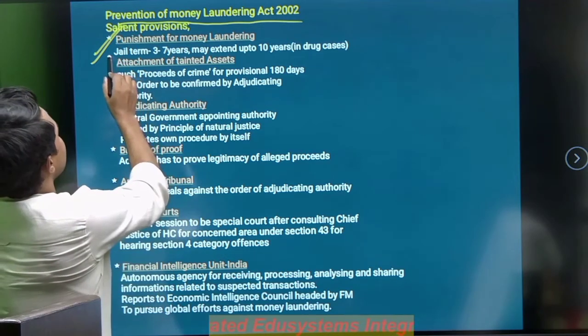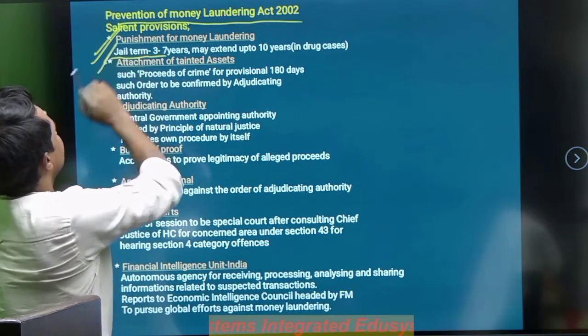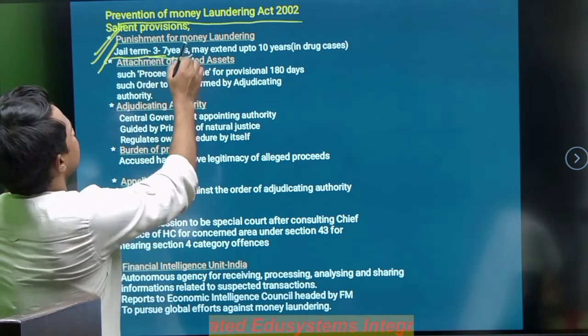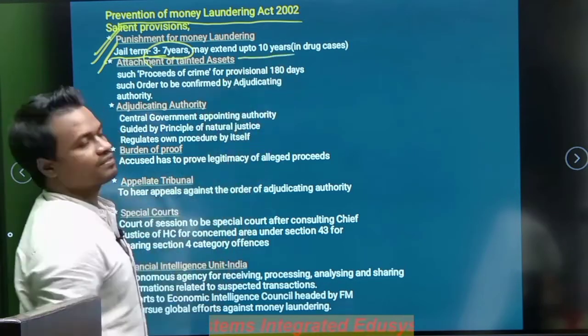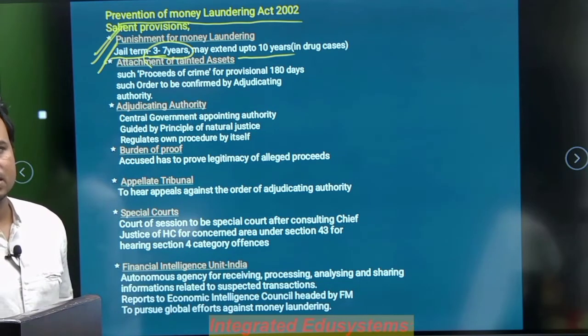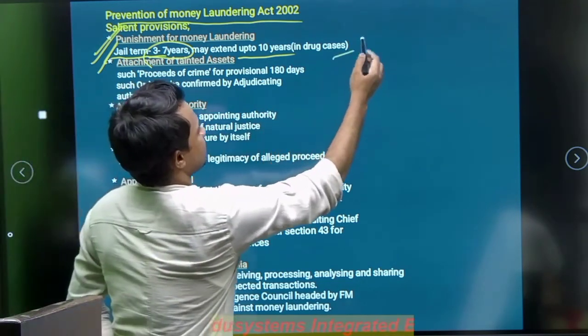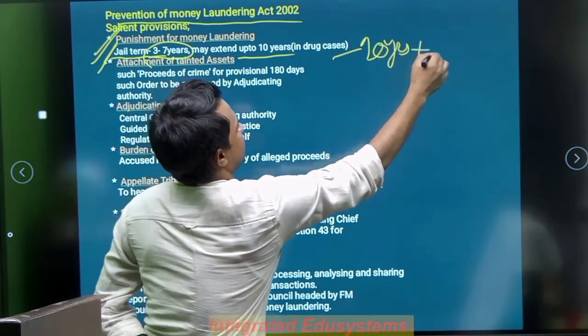Under this act, in a case of money laundering, the jail term is 3 to 7 years, but that can be extended up to 10 years. This is very important in cases of narcotics, drugs or drug trafficking. So, the maximum imprisonment can be 10 years, plus fine.